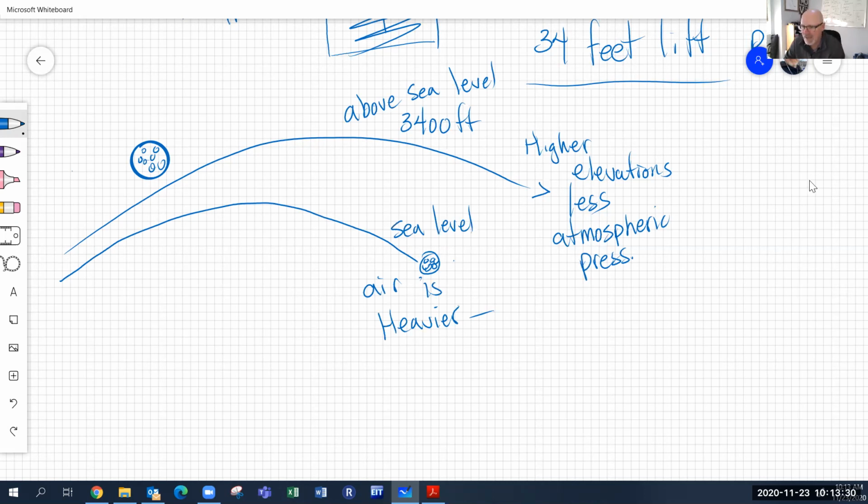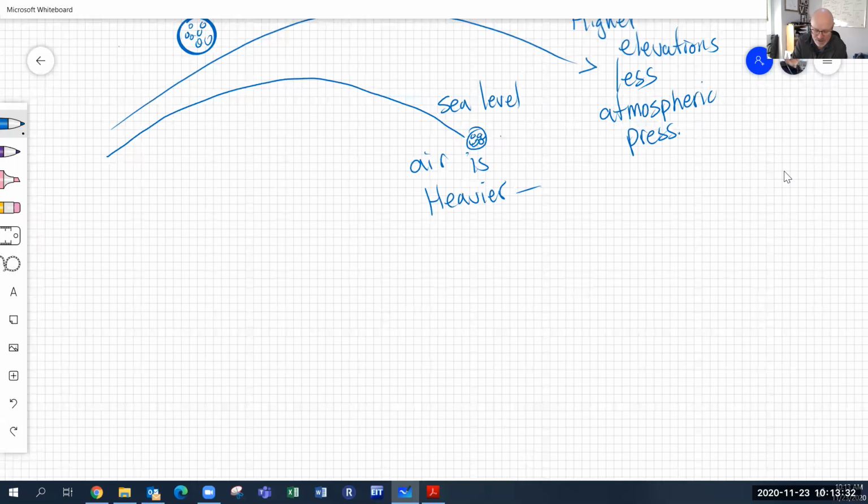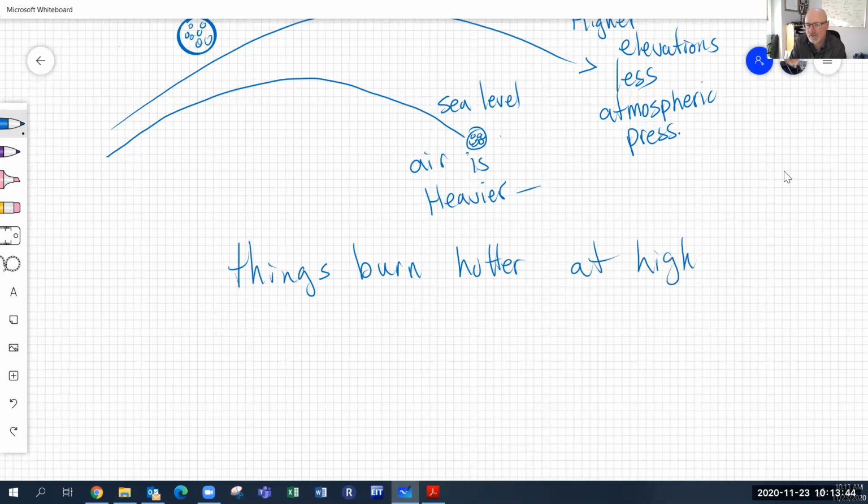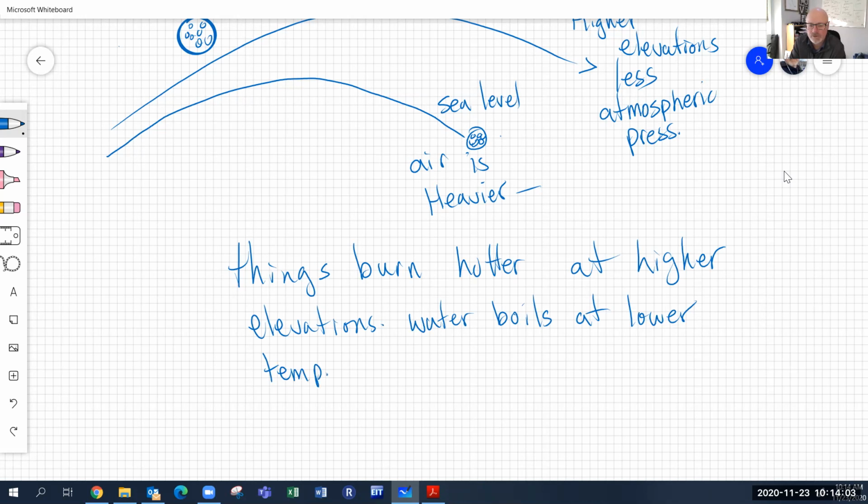Having said that, things burn hotter at higher elevations, meaning that water boils at lower temperatures at higher elevations.